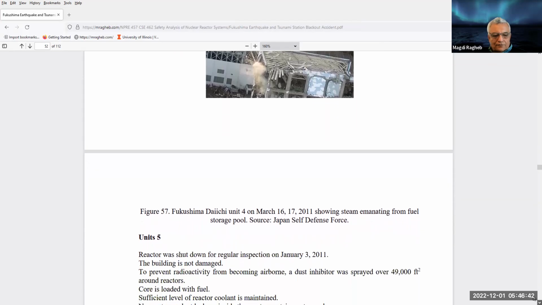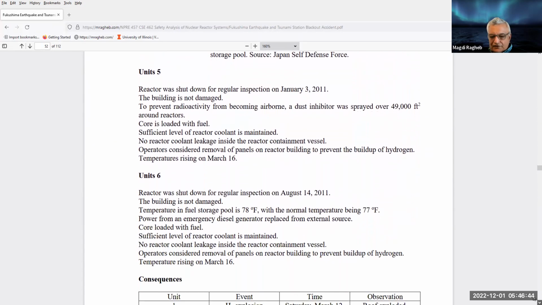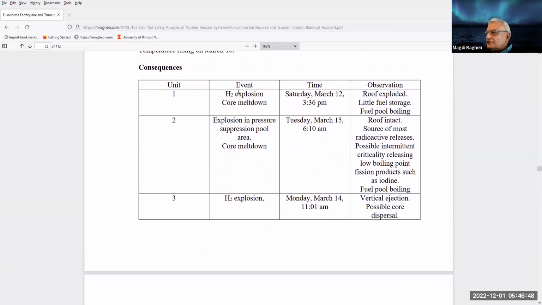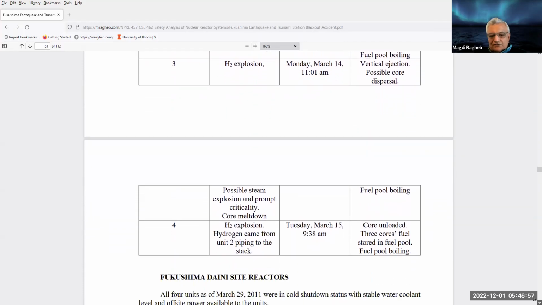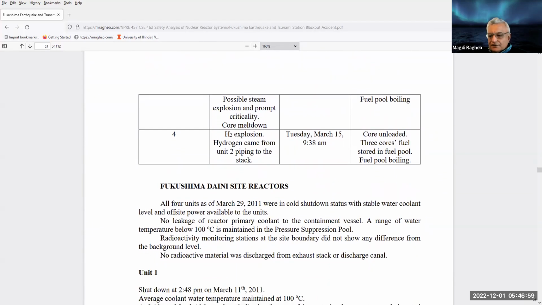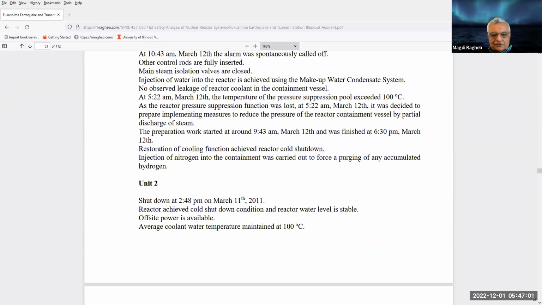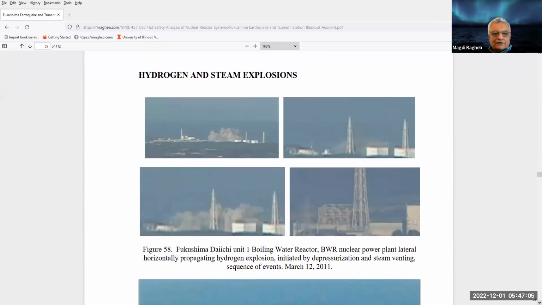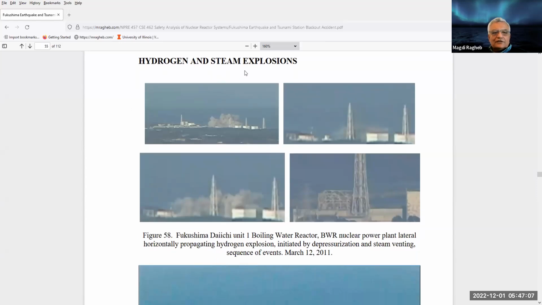Unit 5 had a different sequence of events, and unit 6 also had a different sequence of events. But most of them had a hydrogen explosion, where hydrogen that was not released from the containment structure eventually reached a situation where it was reactive with air and had an explosion. These are the hydrogen explosions.